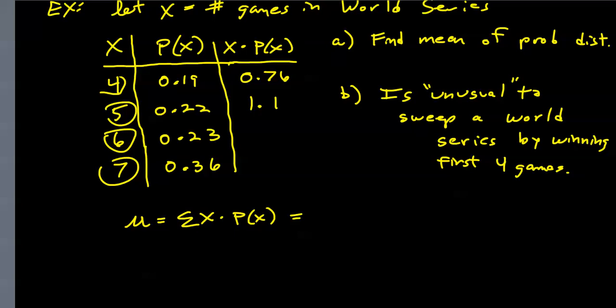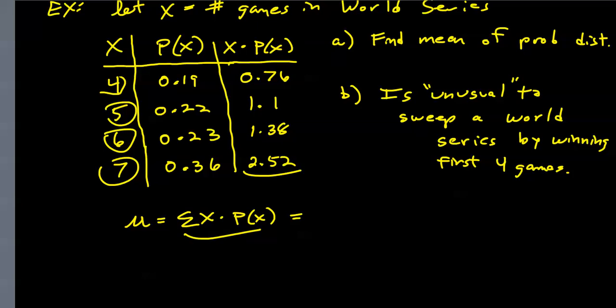6 times 0.23 equals 1.38. 7 times 0.36 equals 2.52. If I add up this column, I get the summation of x times p of x.